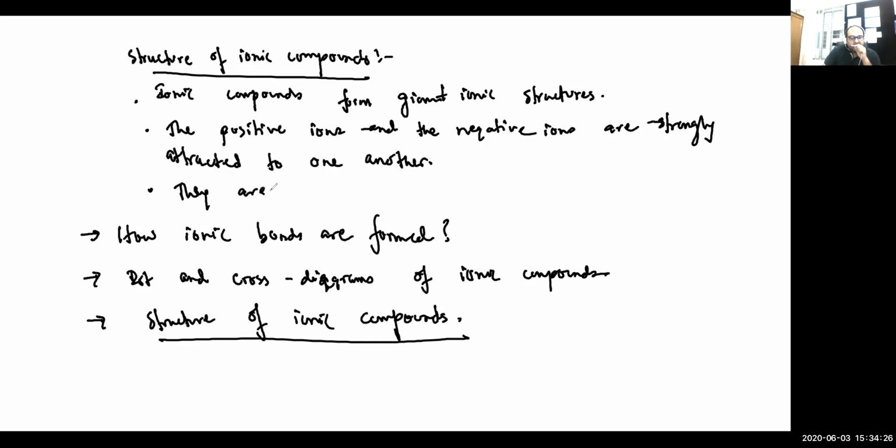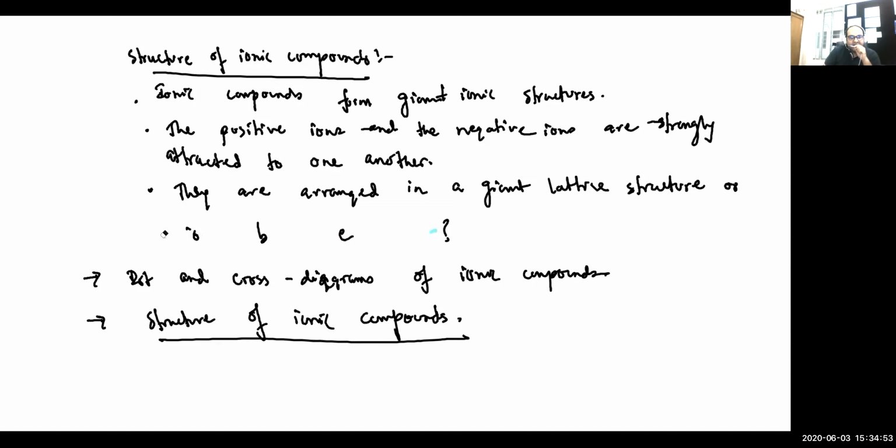They are arranged in a giant lattice structure.